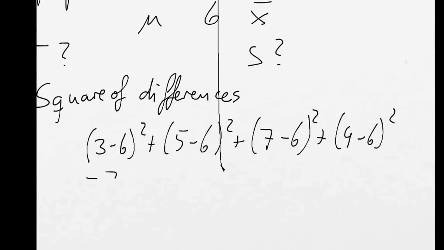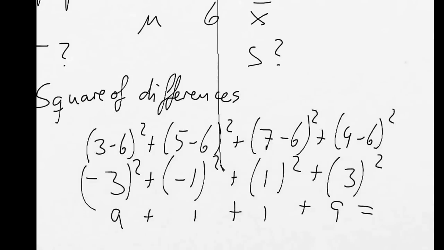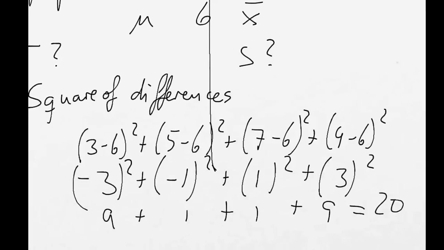This gives us minus 3 squared plus minus 1 squared plus 1 squared plus 3 squared, 9 plus 1 plus 1 plus 9, and that gives us 20.